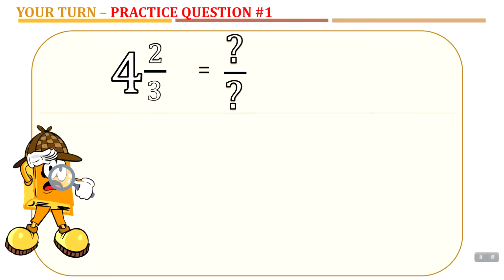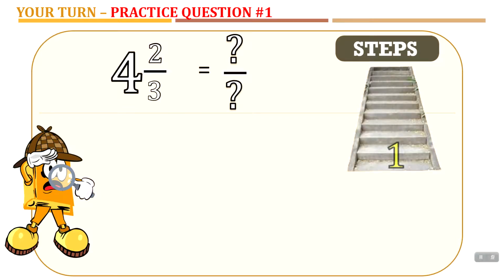Let's try practice question 1. 4 2/3 is equal to what as an improper fraction? Well, we know step 1 says we keep the same denominator. It's going to be a certain number of thirds. Next, step 2 says we multiply the denominator by the whole number.